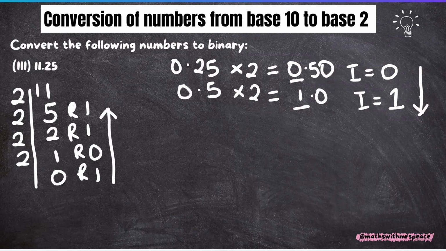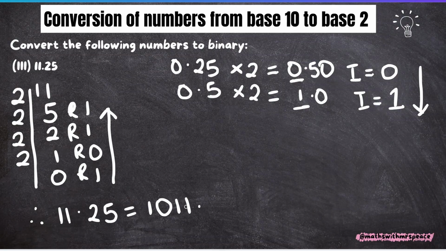So let's go ahead and combine these answers to get our final answer. What this means is that 11.25 is equal to 1011 point. So 1011 is coming from our result of converting 11 to base 2.